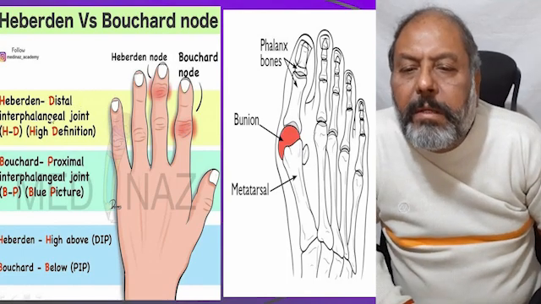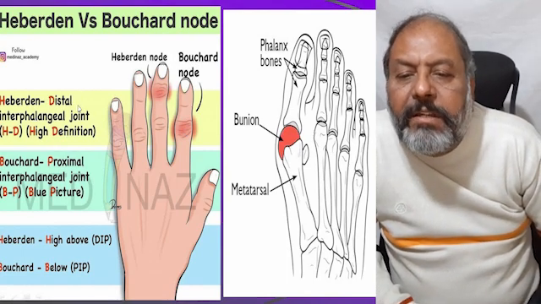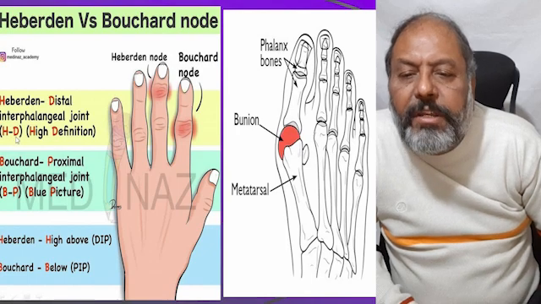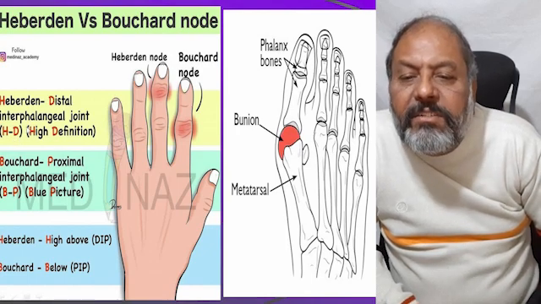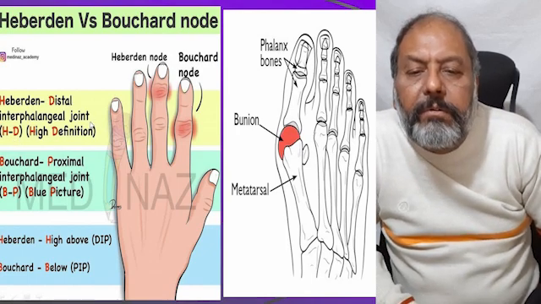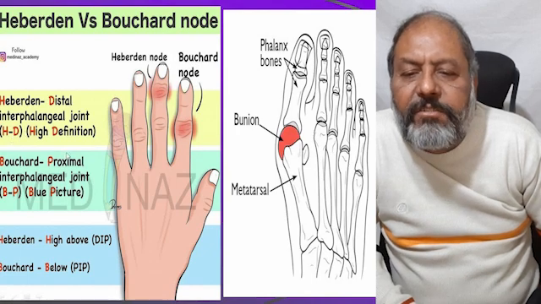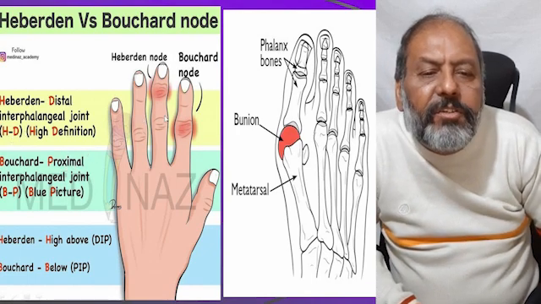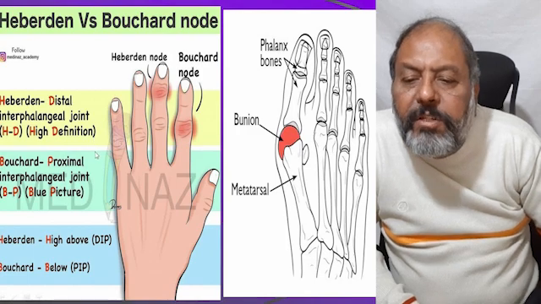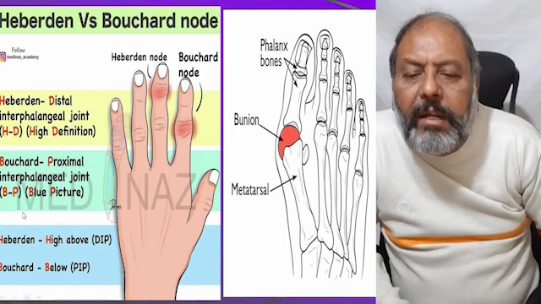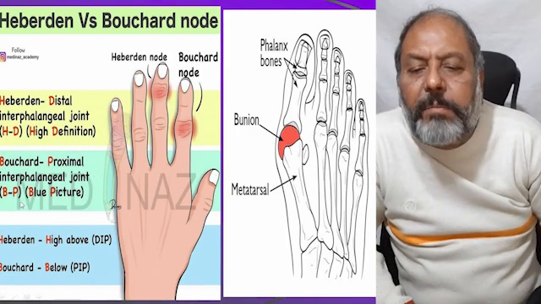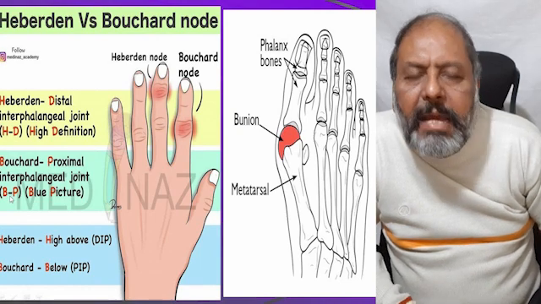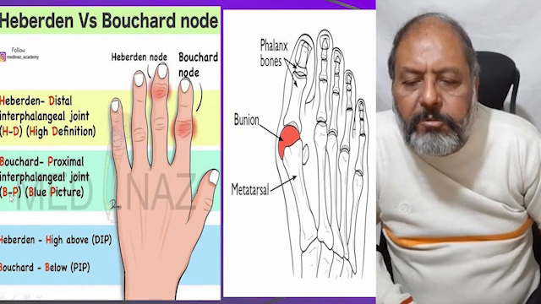So, to remember: Heberden nodes are seen at the distal interphalangeal joint, that is HD. Bouchard nodes, as one can see, are at the proximal interphalangeal joint. So we can just remember BP as an abbreviation to remember Bouchard problem.